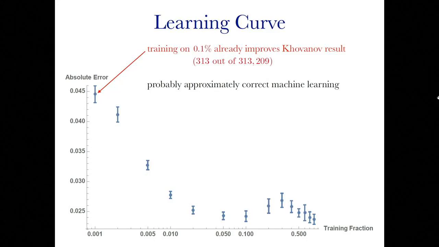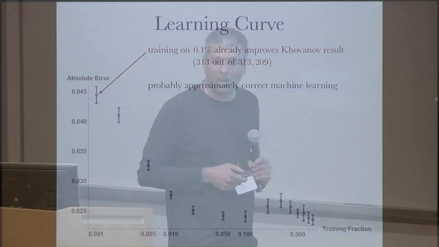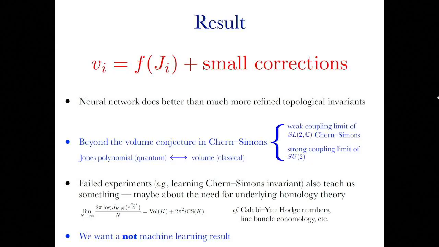Even with a very, very tiny fraction of the data, this already outperforms the Khovanov result. So just training with 313 knots out of this huge number, we get a better percentage than we saw with Khovanov homology.